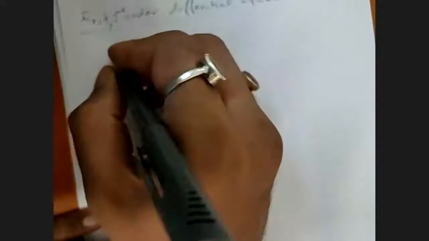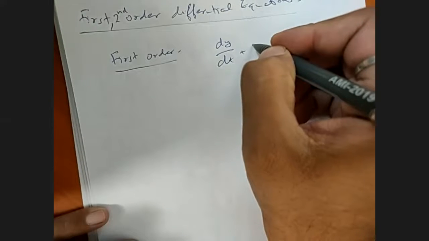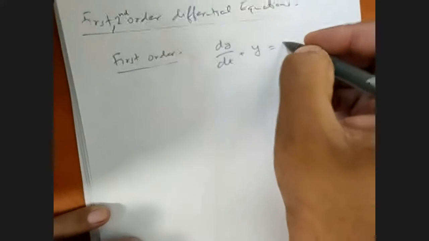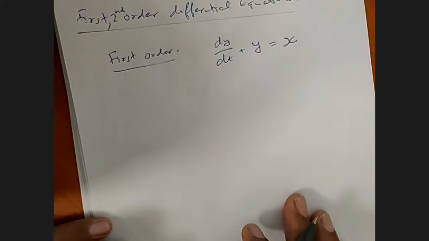So with differential equations, when we are talking about first order, that means dy by dt plus y equal to x. This will be your first order differential equation.